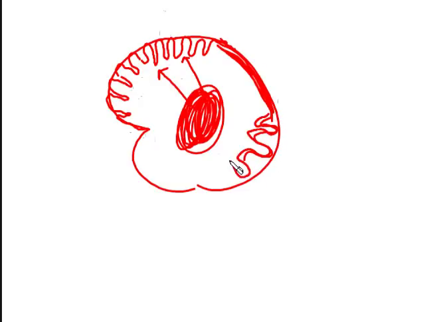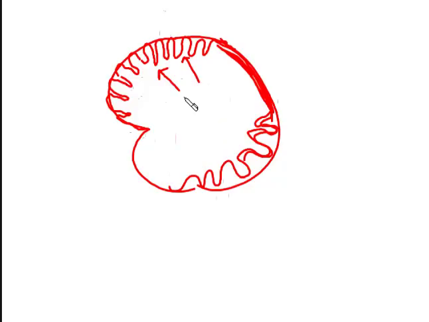Some of these islands remain, some of this gray matter remains in the core of the brain, and instead of being represented as one big mass as you see here, it was represented as small little islands of neurons, and these are known as nuclei.